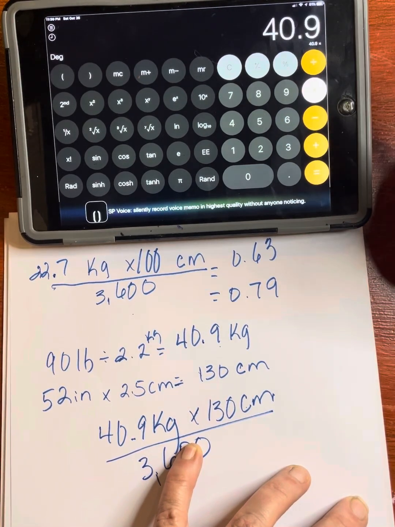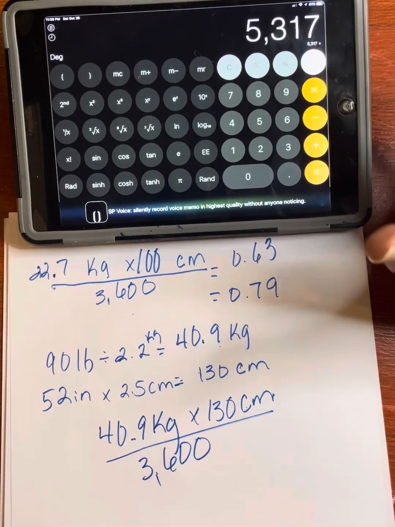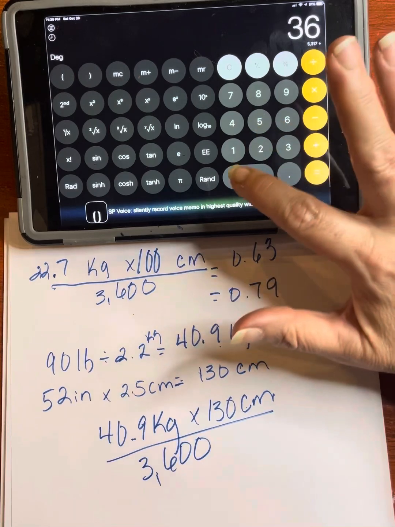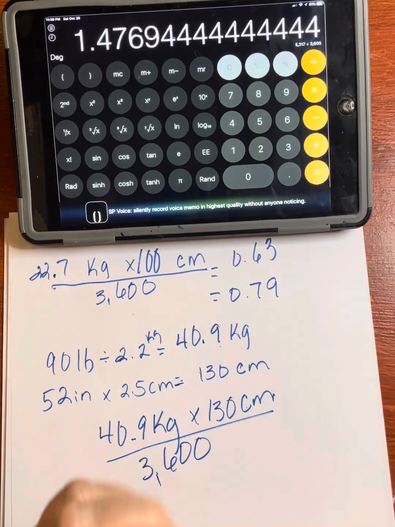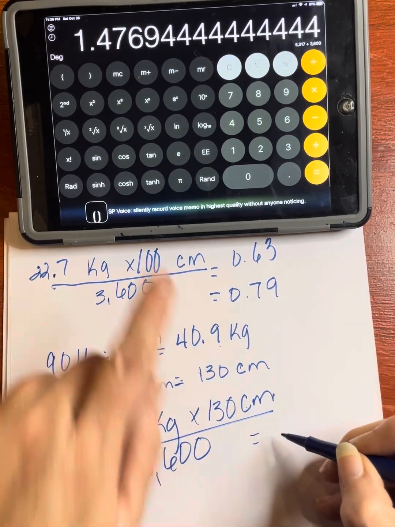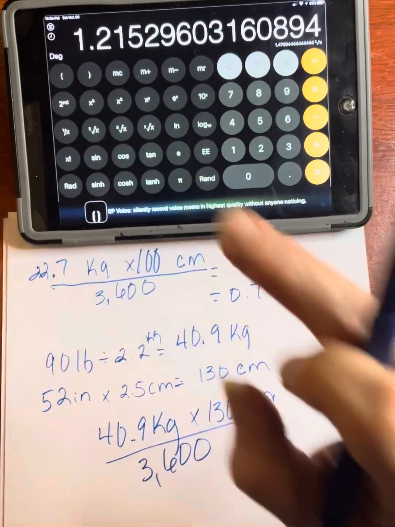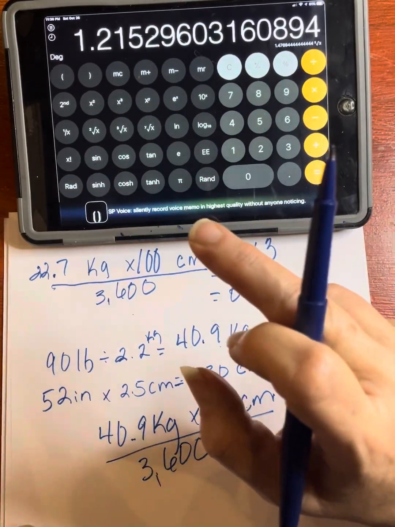40.9 times 130 equals divided by 3,600 equals. And then she may want you to write that down, but you're going to leave every single bit of it right there and hit the square root sign.